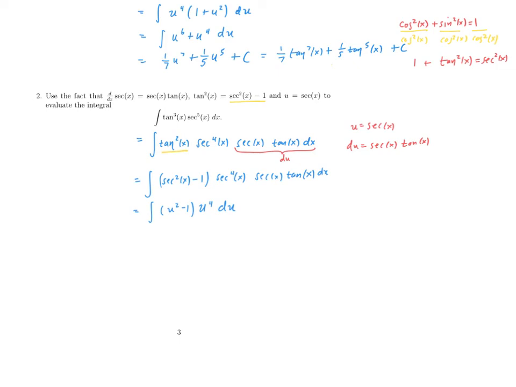So note, this approach can be applied whenever we have this odd power of tangent, as long as we have at least one secant to help form the du. So with that in mind, let's go ahead and finish up the easier part of this problem. Distributing through the u to the fourth, we can now anti-differentiate term by term, and then resubstitute.